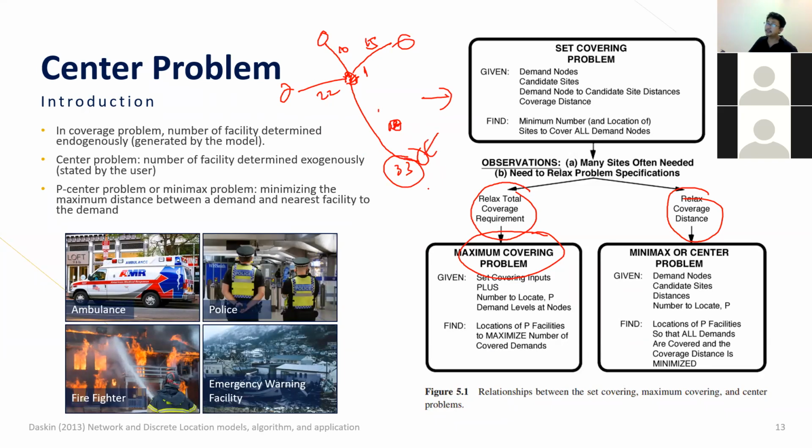The one that has the poorest service is this one. Let's say this is the ambulance facility here. If you want to serve this distance, they need, let's say, 33 minutes to arrive here.